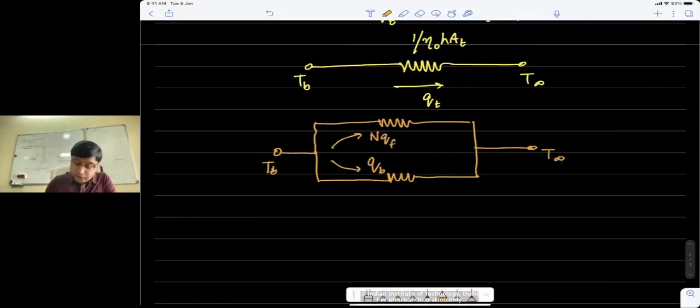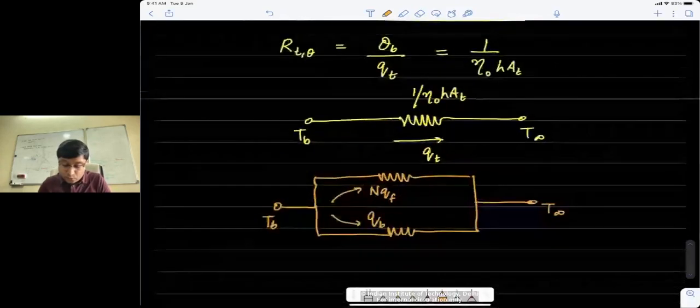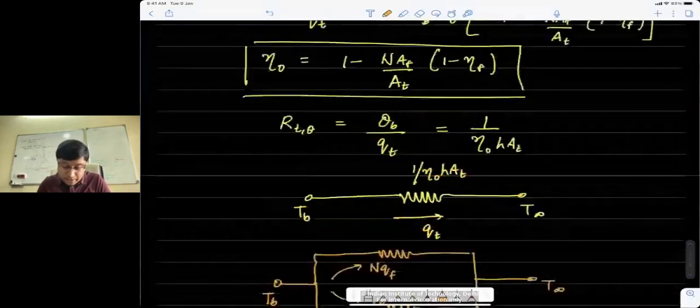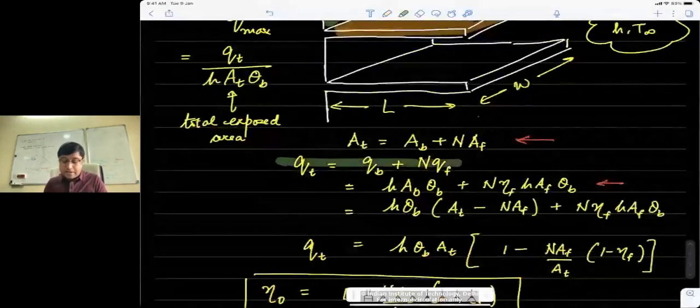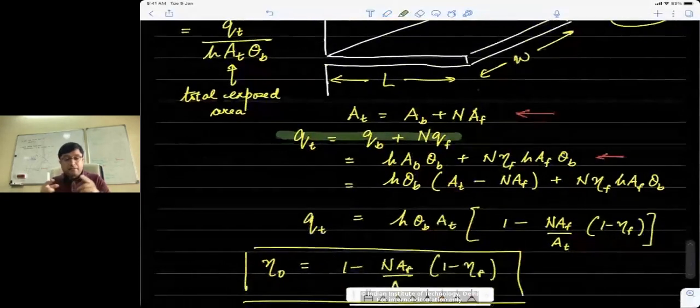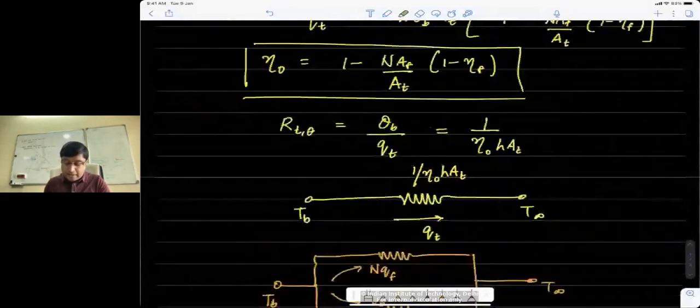If you want to know why I have drawn it this way, you can see this equation. It's saying that the total current is the sum of the base current plus the fin current. If the current is adding, that means you must have two parallel resistors.